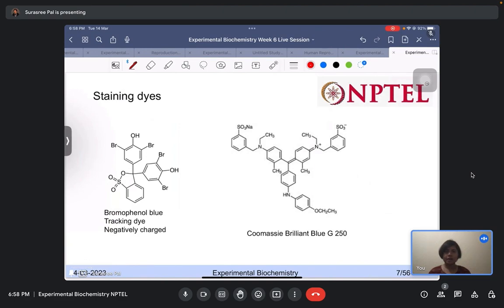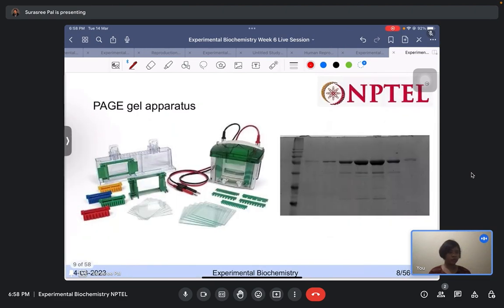Now once the gel is run, I'll just show you this gel apparatus once. So this is the gel apparatus. We have our glass plates here. These are the short plates and these are the large plates, and in between the short and large plates we pour our polyacrylamide gel, and we solidify our gel.